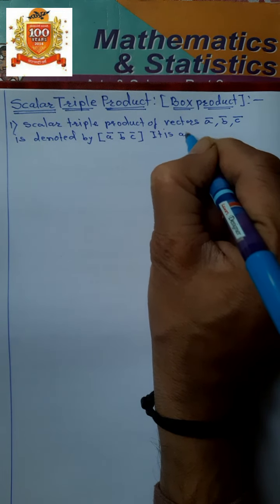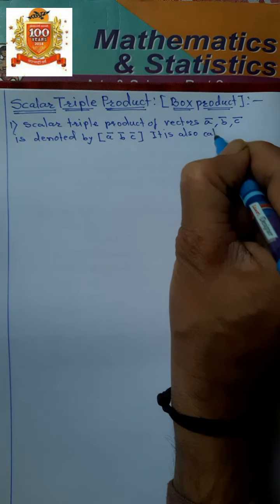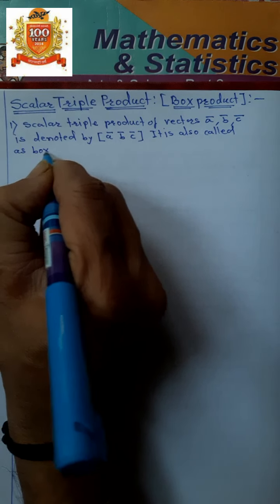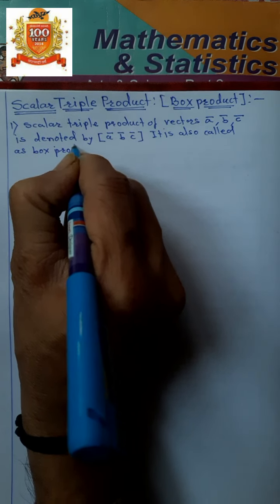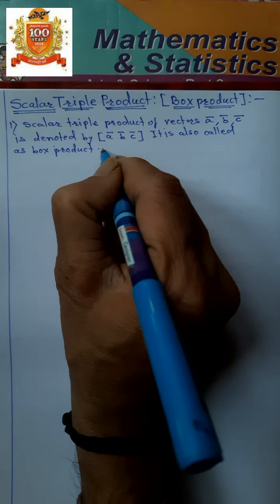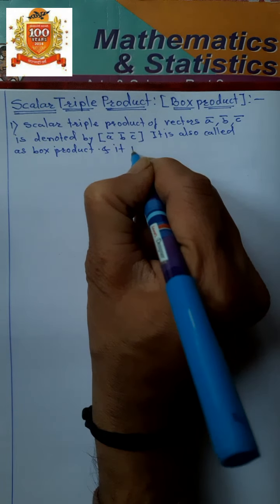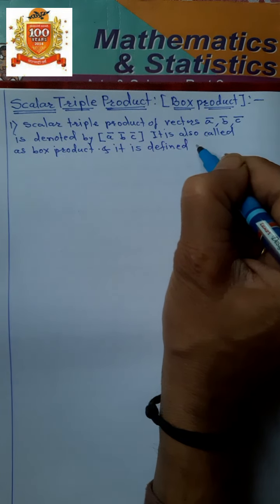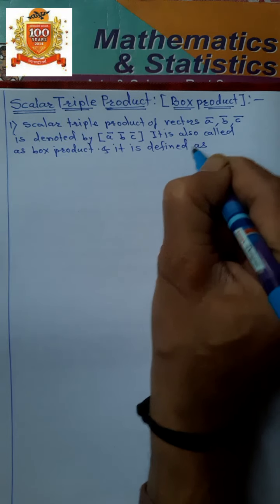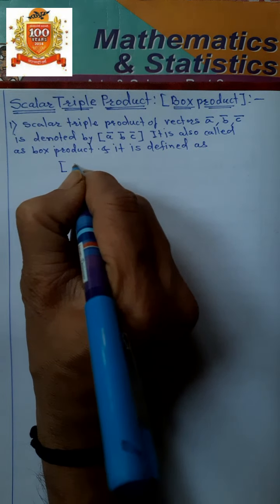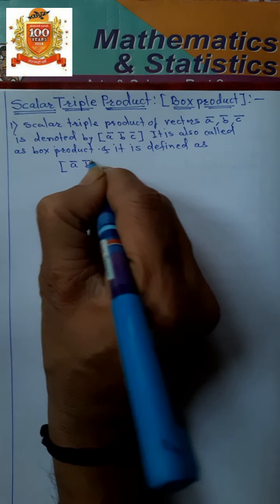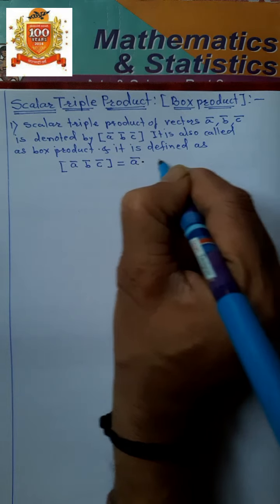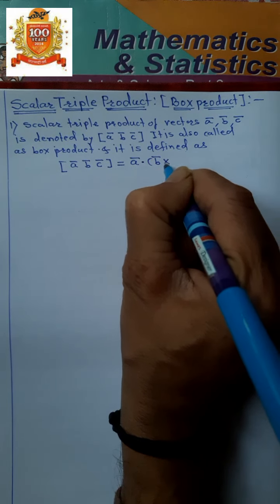It is also called as box product, and it is defined as box product of a bar, b bar, c bar is equal to a bar dot b bar cross c bar.